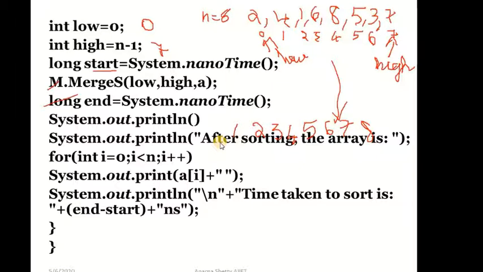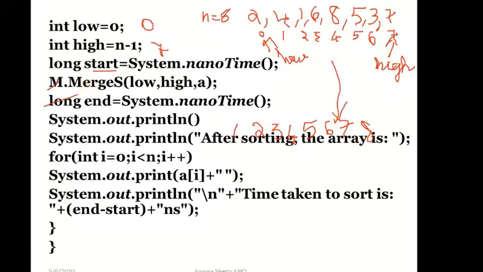Now what we have to do is see how this merge sort algorithm works. Here I have made a call to the merges method, which is defined in the merge sort class. Our job is to find out how this merges method works.